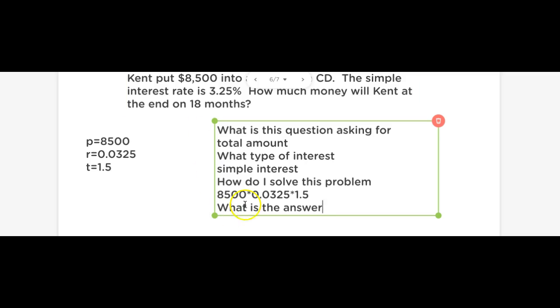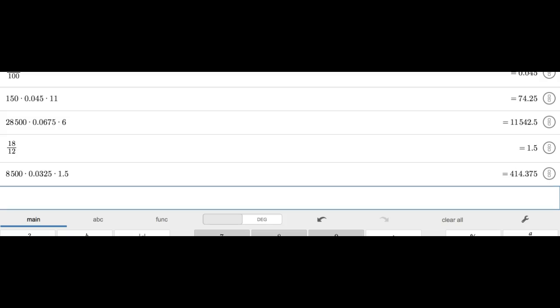I do want to state that again. That's $414.38. That rounds up. So the interest here is 414 dollars and 38 cents, sorry.